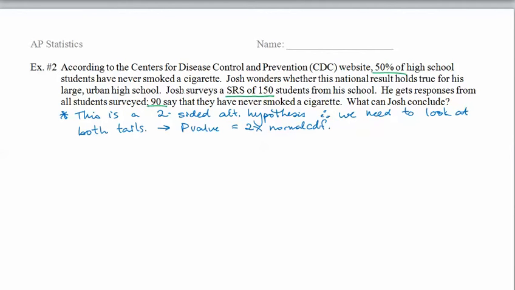So if you assume that we don't know this 90 number, all we know is he's planning to do an SRS of 150 students. He wants to know whether the national results hold true for his particular high school. So he does not know yet whether his school is exactly 50%, if it's lower, or if it's higher.